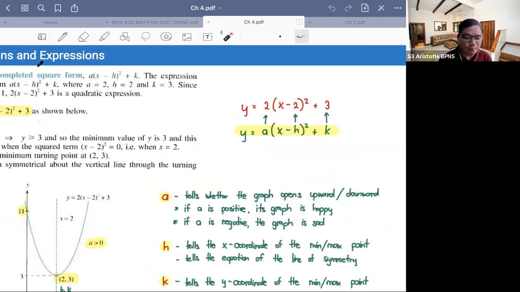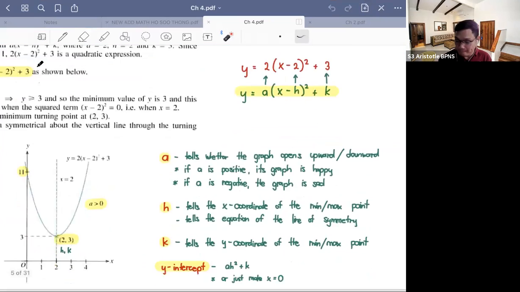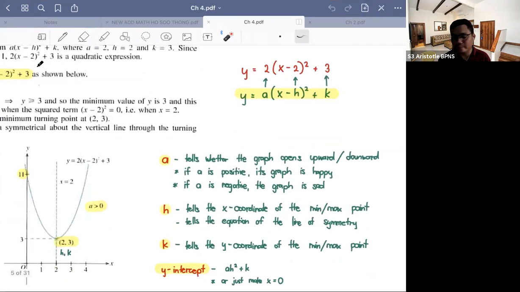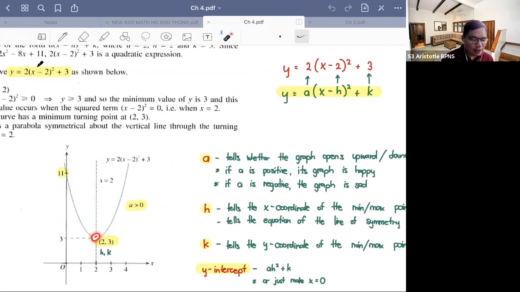Now, how about this H and K? So what is H? Okay, right. What is H? H tells the x-coordinate of the minimum or maximum point. Okay, so look here, class. Look at the minimum point. So the minimum point's H value, or the x-coordinate, is 2, because this is 2.